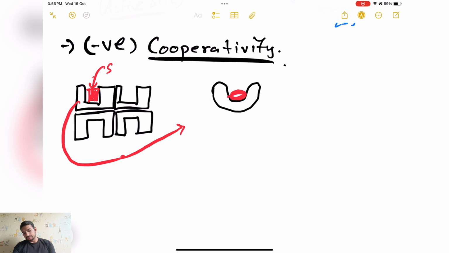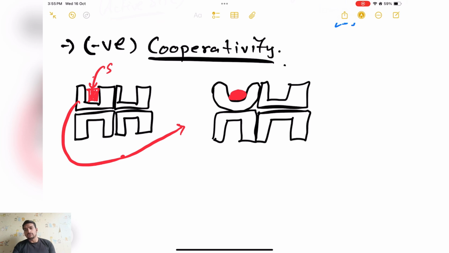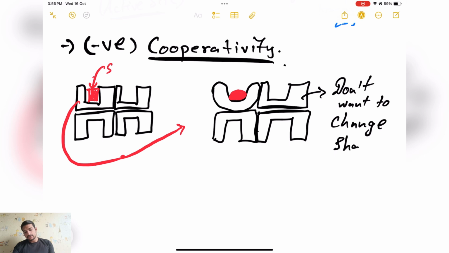But in this case, the other three subunits don't want to change their shape, so there will be negative cooperativity.